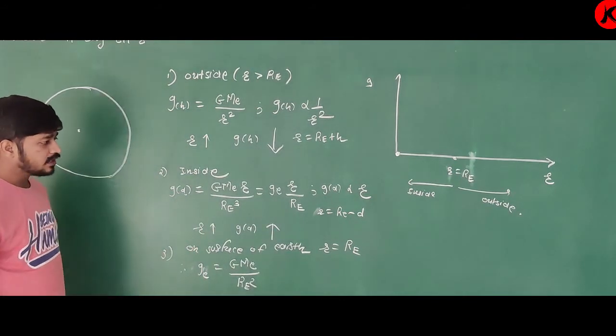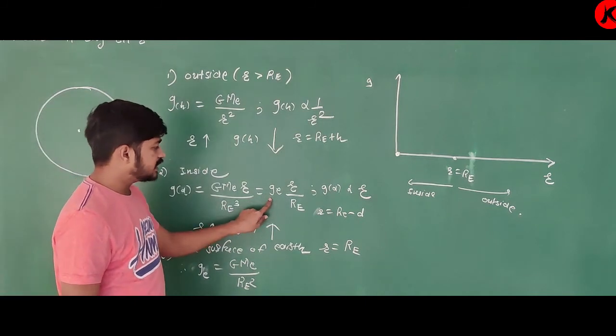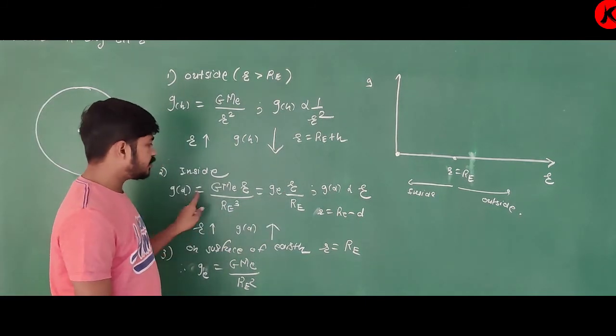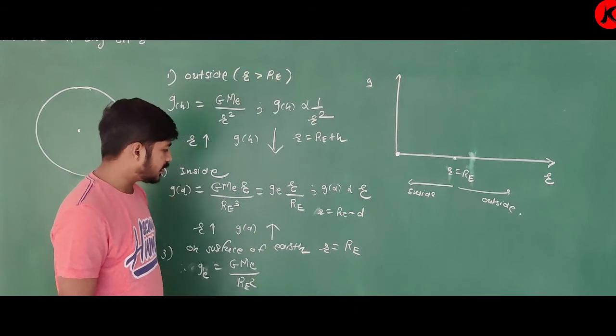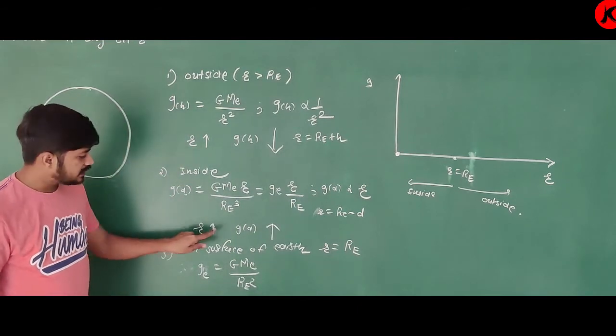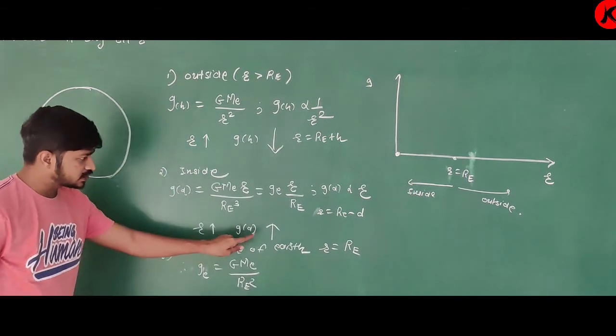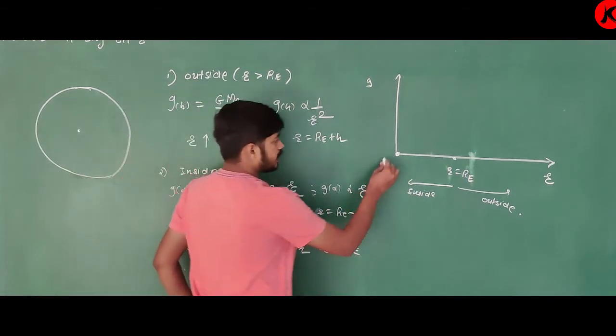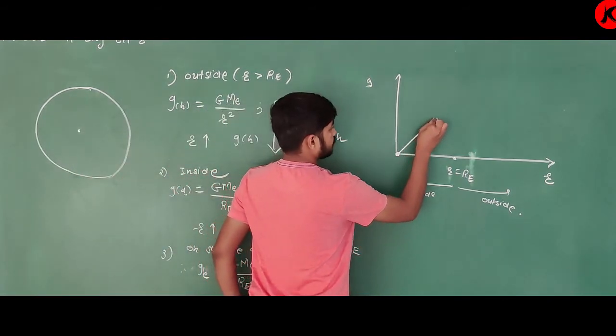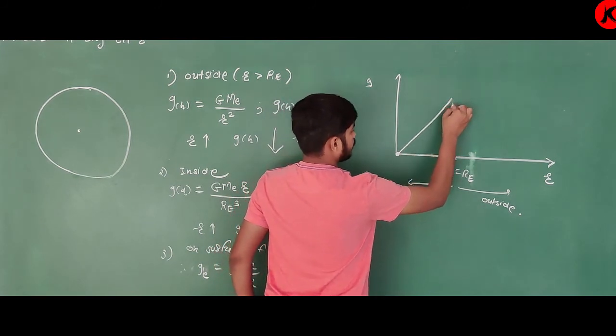Now, GE r/RE: gravitational acceleration is directly proportional to r. So as distance increases, gravitational acceleration increases, and as it is a directly proportional relation, G is proportional to r, it will be a straight line.